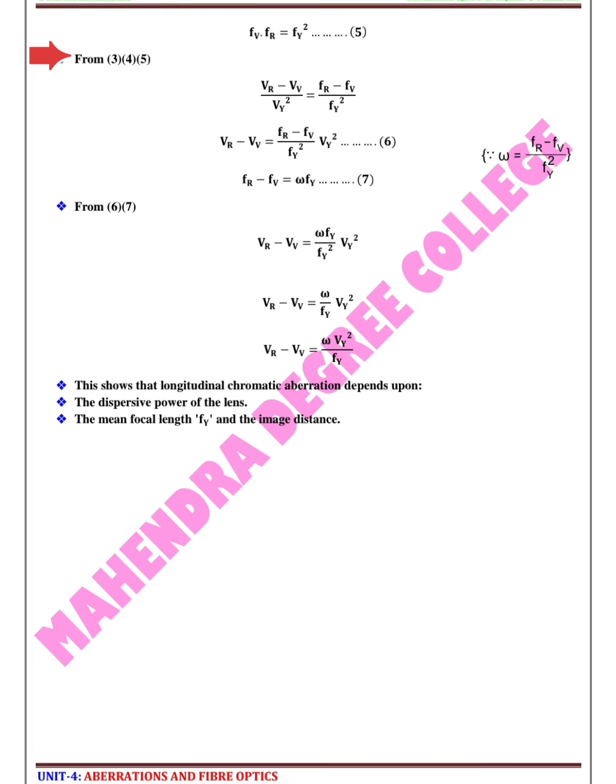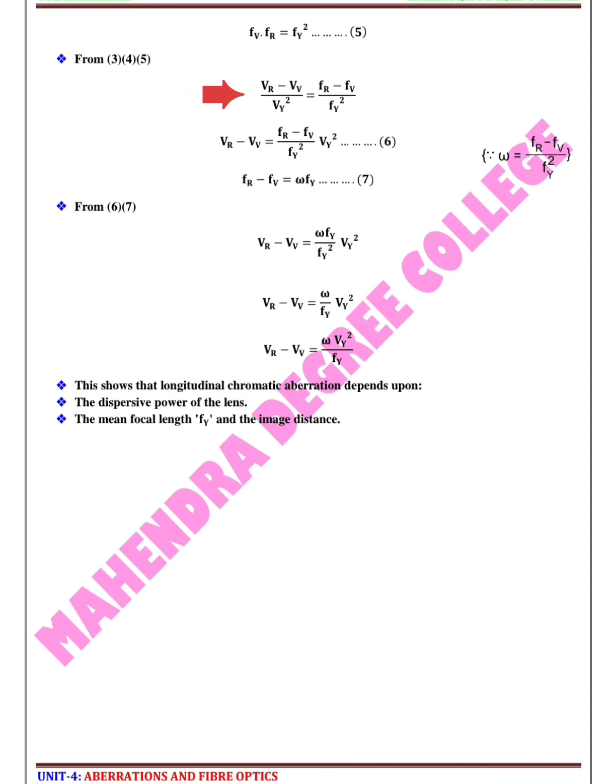From equations 3, 4 and 5, substituting equations 4 and 5 into equation 3, Vv Vr is replaced with Vy square and Fv Fr with Fy square.